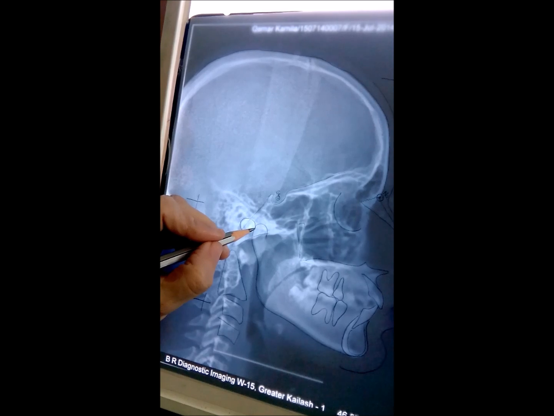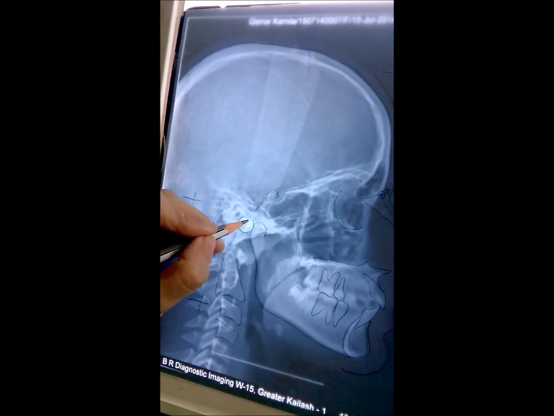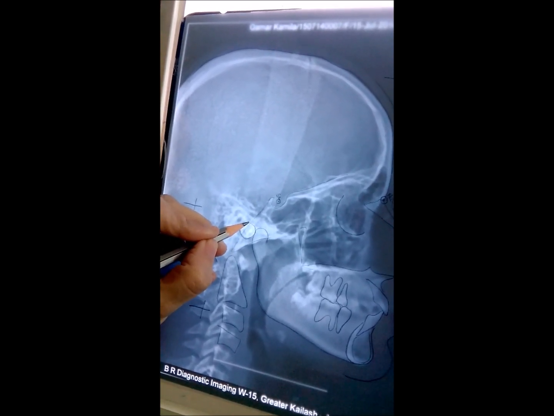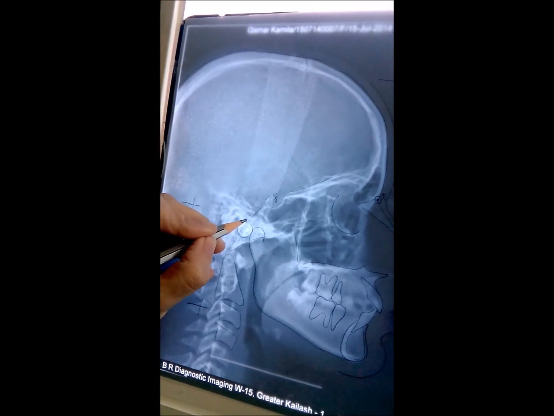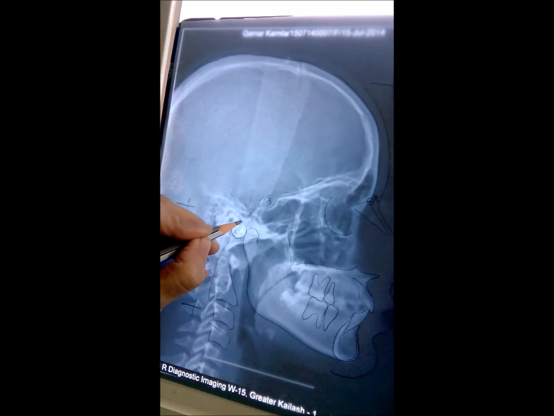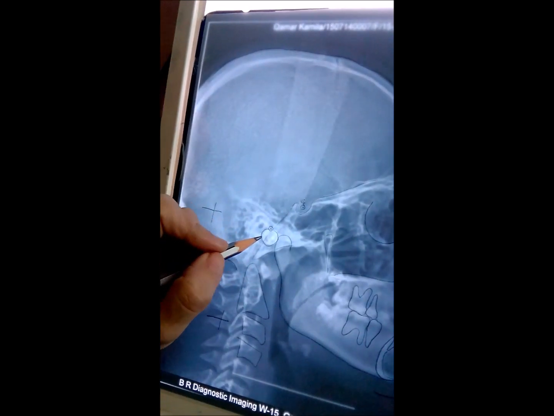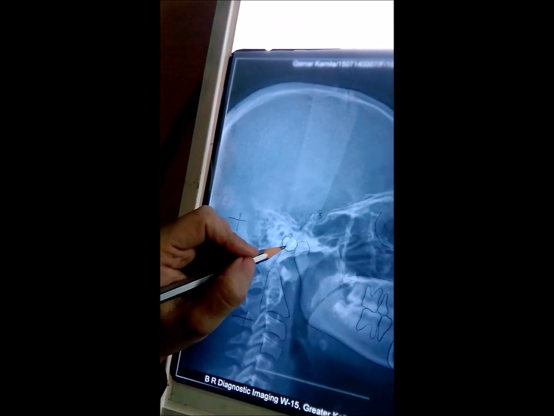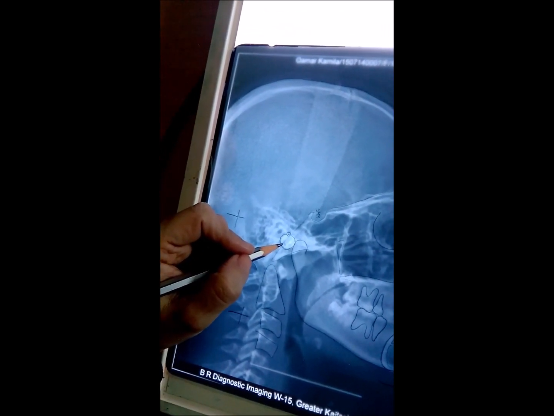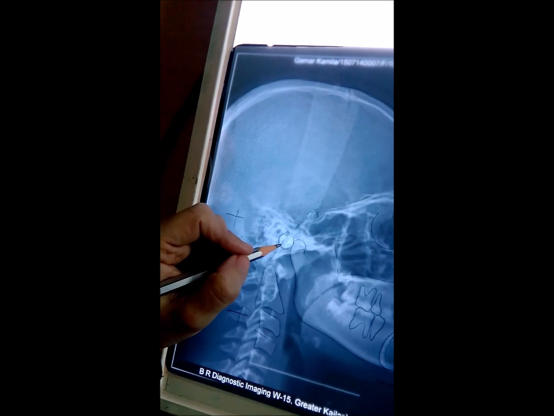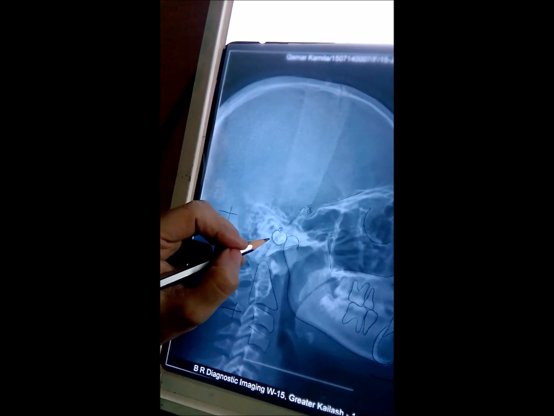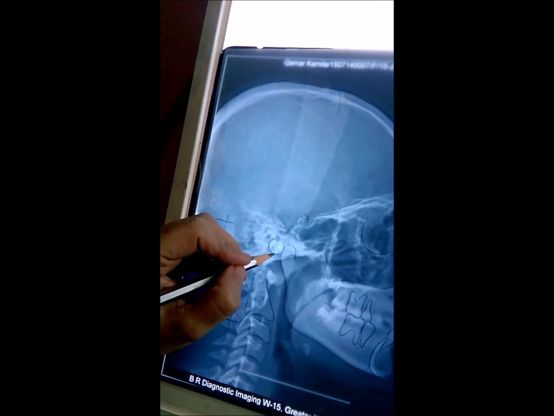Then the porion. This is the machine porion. The topmost point of the placement of the ear rods in a cephalostat is the porion, the most superiorly positioned point of the external auditory meatus, located by using the ear rods of the cephalostat.